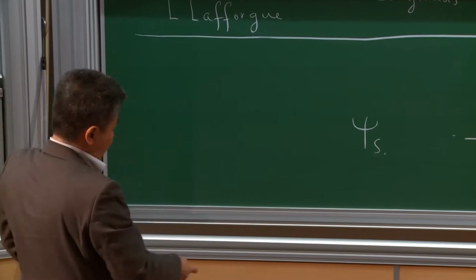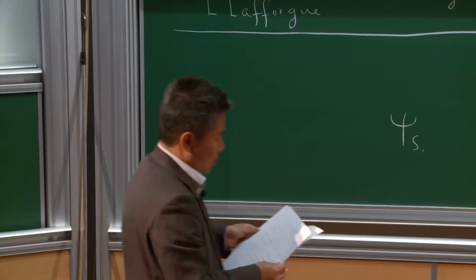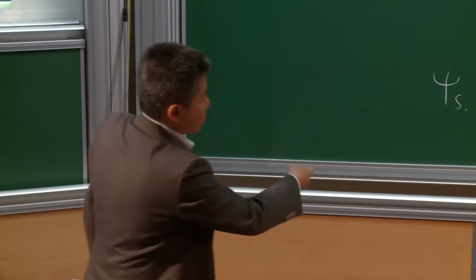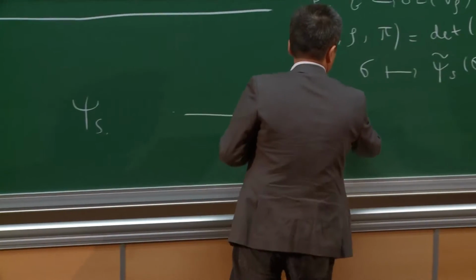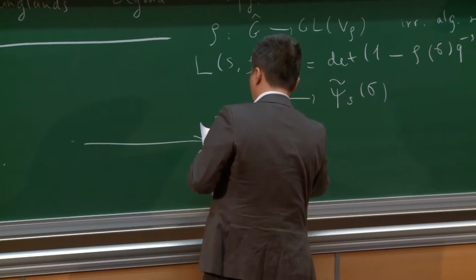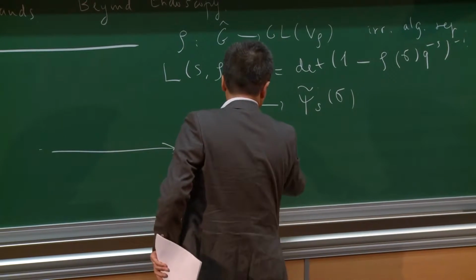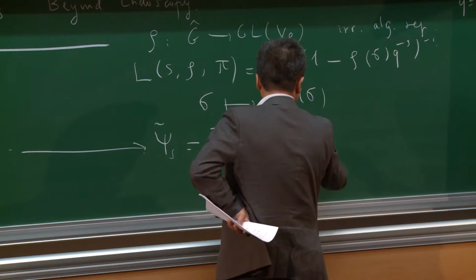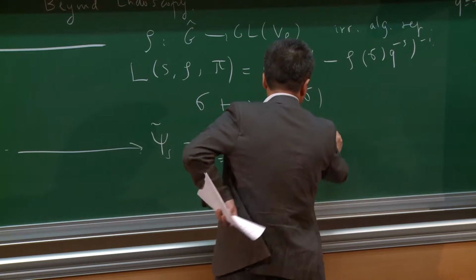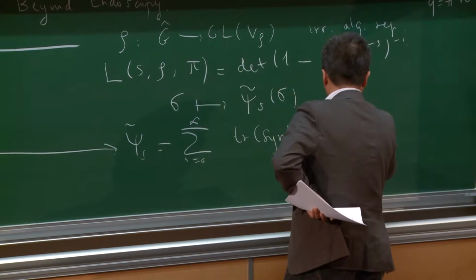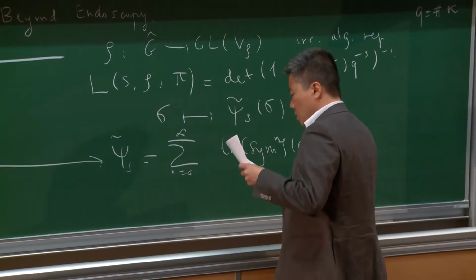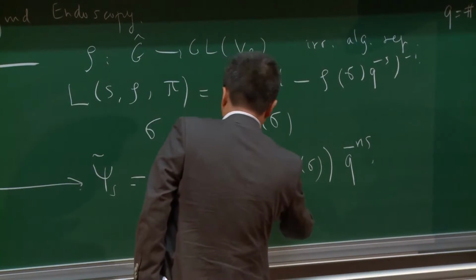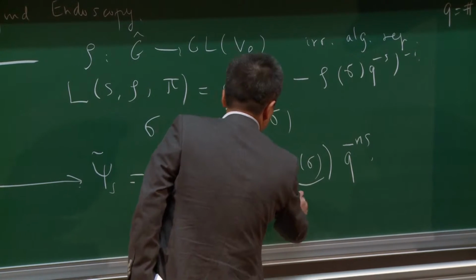For doing that, we can first expand in a simple-minded way. Write a sum from 0 to infinity of the trace of Sym n of rho of sigma, times q to the minus ns. Let me call this thing psi tilde n.